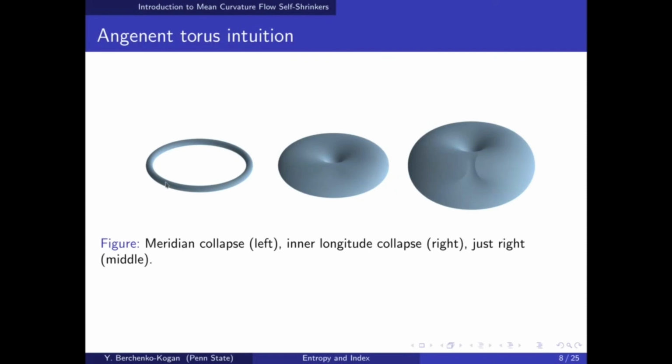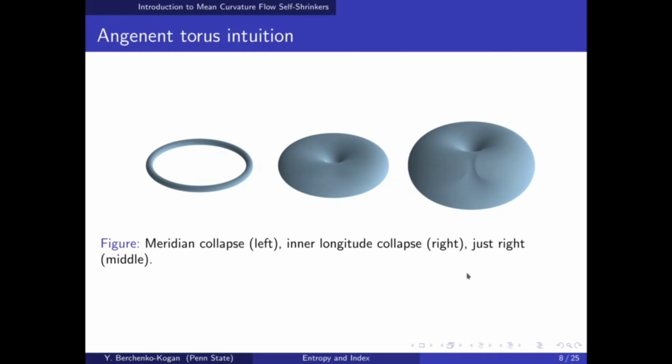So let's kind of understand what will happen to these under mean curvature flow. Well, on the left with this hula hoop we have this very small meridian circle, and so that means it has very high curvature, and so it will collapse very quickly. In comparison, the ring itself is much larger, has lower curvature, and will collapse more slowly. So what happens is that the meridian collapses really fast, and then we have a singularity that way.